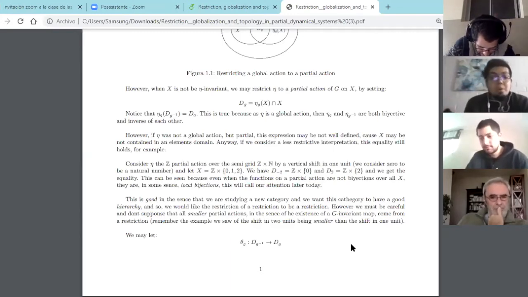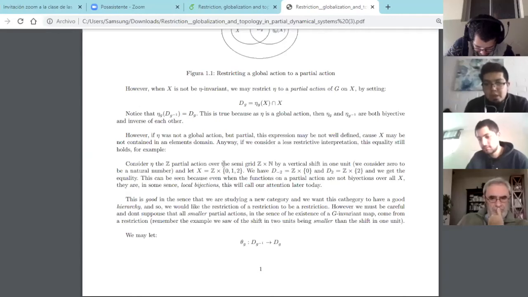And so we would like the restriction of a restriction to still be a restriction, right? And the comment that if we restrict a partial action gives us immediately that result. So it behaves well in the sense of the category of partial actions.